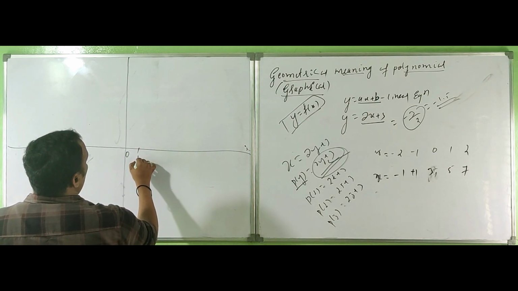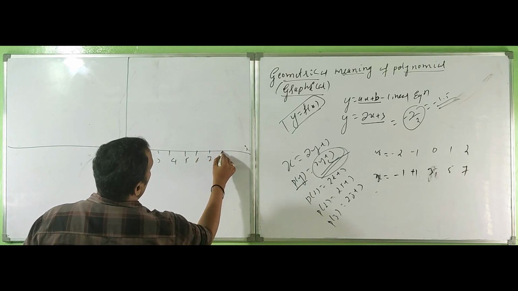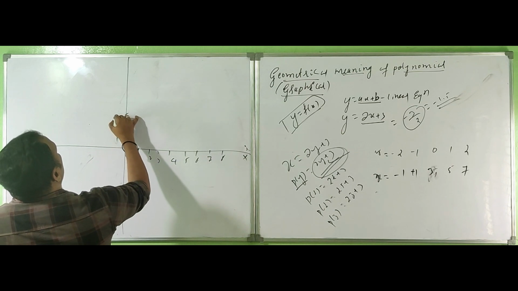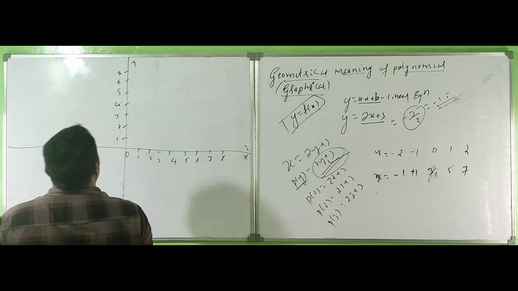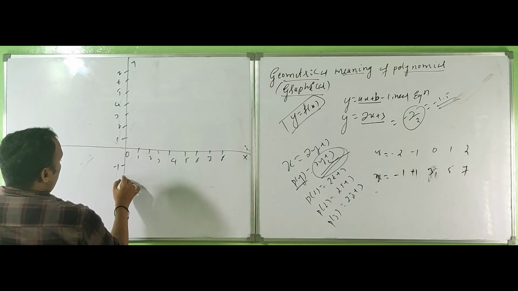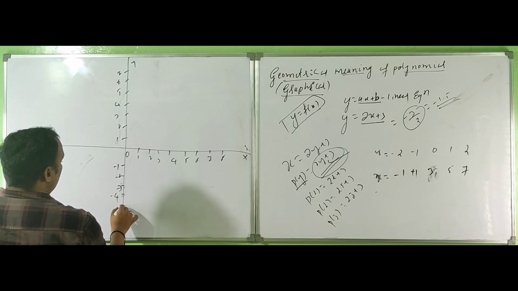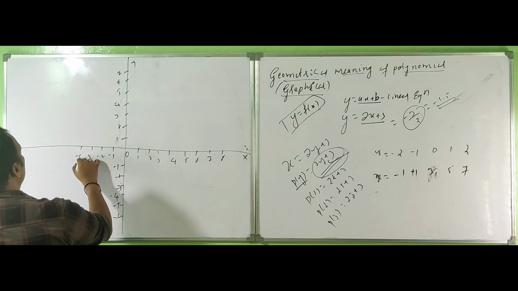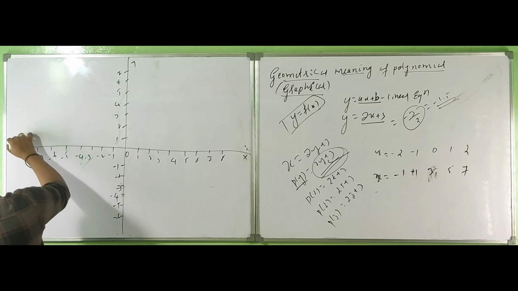Okay, 0, 1, 2, 3, 4, 5, 6, 7, 8 on x, 1, 2, 3, 4, 5, 6, 7 on y, and minus 1, minus 2, minus 3, minus 4, minus 5, minus 6, minus 7 on the negative sides.